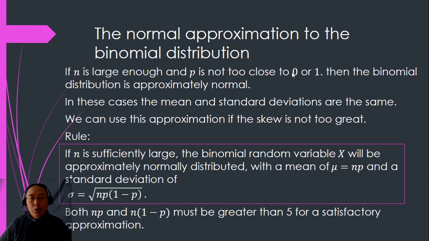As the skewness gets extreme, it will take a very large n, or it might not be possible to approximate it. So most of the cases will not be as close to those extremes.